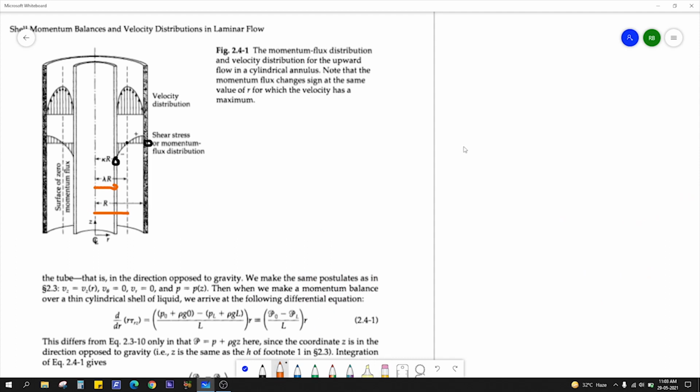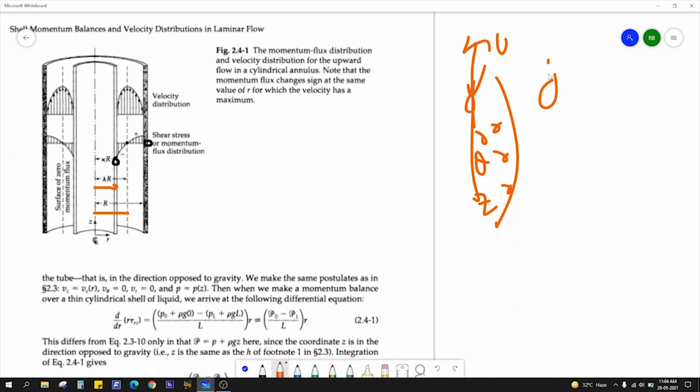You have to first consider which terms will be there. I already told you, we are doing cylindrical coordinates. So let's for now fix this: rr, r theta, rz all become 0 as discussed in the previous problem.